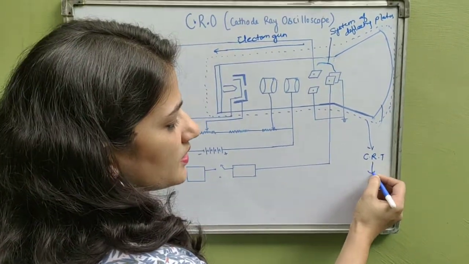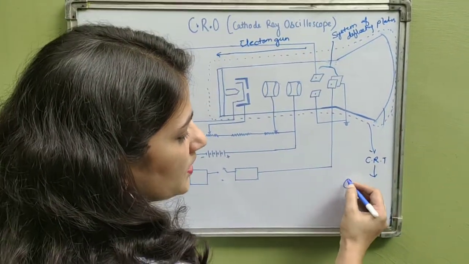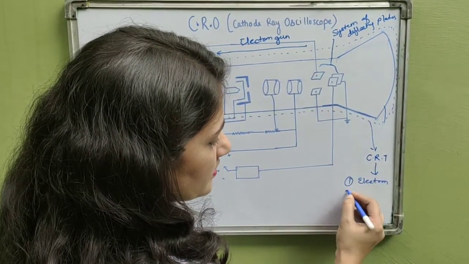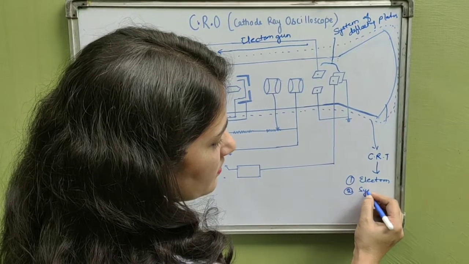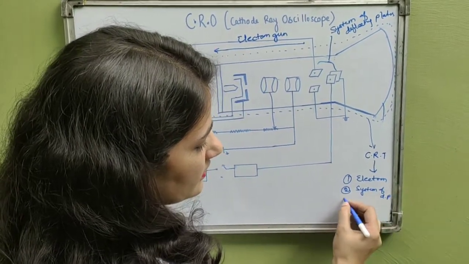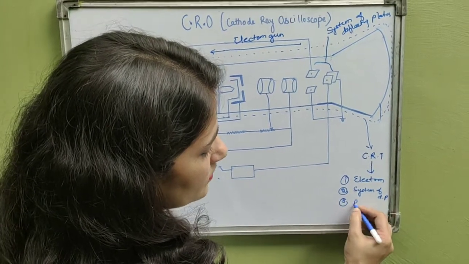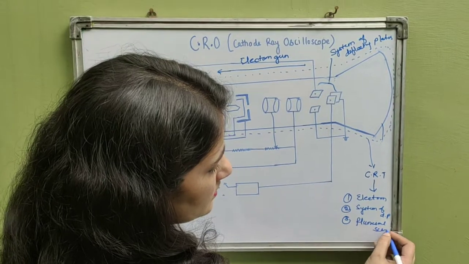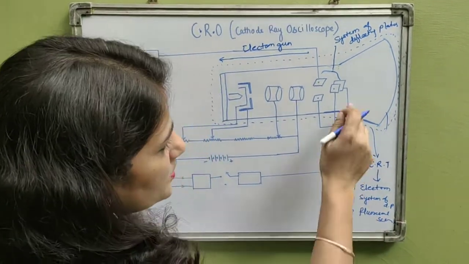Again, this CRT consists of three parts. First part is the electron gun, second part is the system of deflecting plates, and third is the fluorescent screen. All these three parts are shown here.